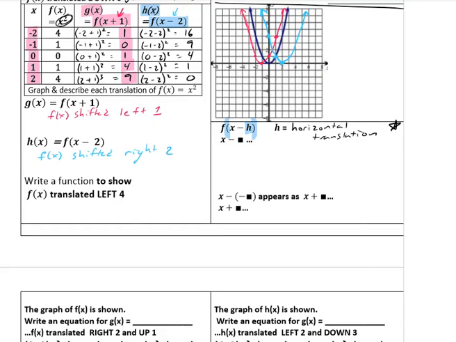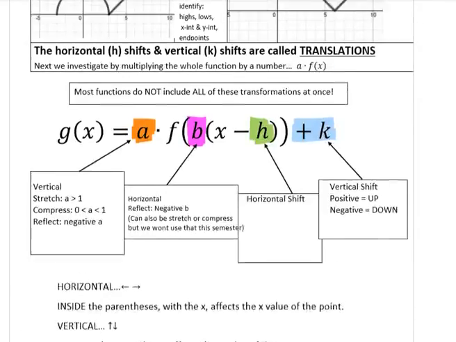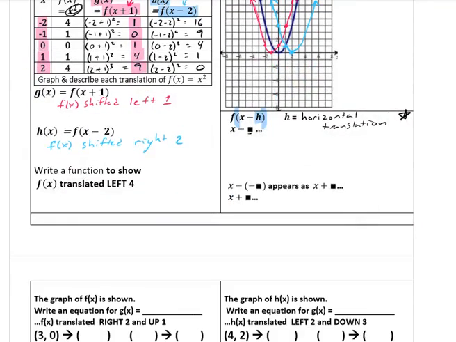When it's x minus a number, for example, let's say you saw x minus 2, that means that your h is greater than 0. Therefore, it is a positive h. So we're going to translate to the right. So whenever you see a negative in here, it's going to go to the right.